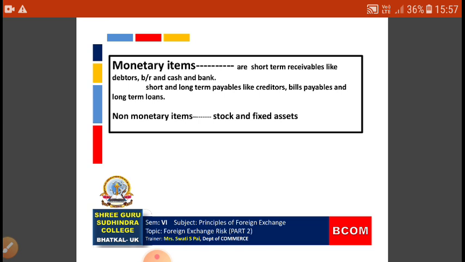Now, which are the non-monetary items? The non-monetary items are stock as well as fixed assets. You need to remember this because you are going to solve problems based on this for 15 marks, which is going to come in the exams.